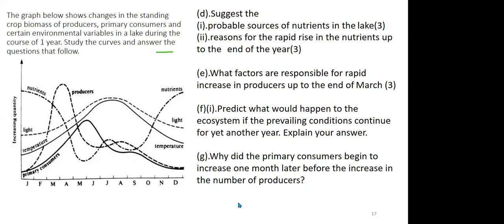The fluctuation of the nutrients, producers and consumers is expected to remain the same. Okay, and since they are the same, we don't really expect any significant change from what happened in the current year. Is that understood? Pardon.